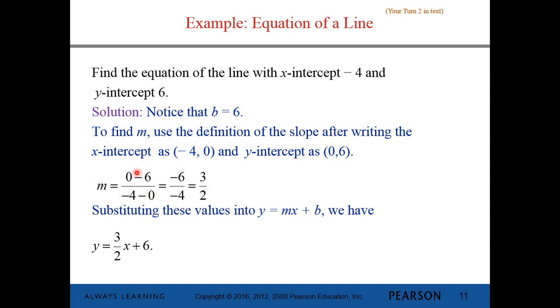That's okay. You'll still get the same answer. So now we've got the two pieces we need, and we're done. The equation of the line is y equals 3/2 x plus 6. And sure enough, if you check, if you plug in 0 here, you get y equals 6, which is correct.